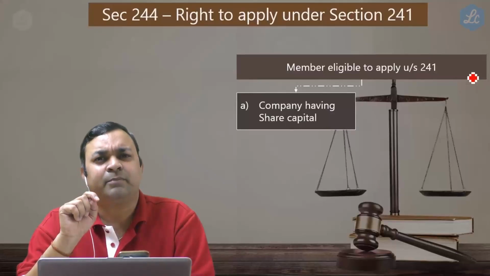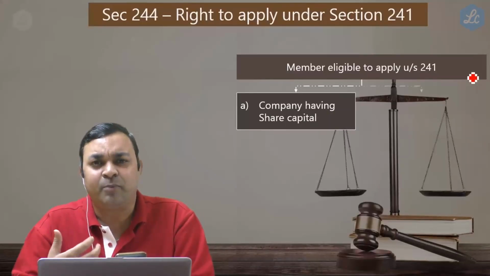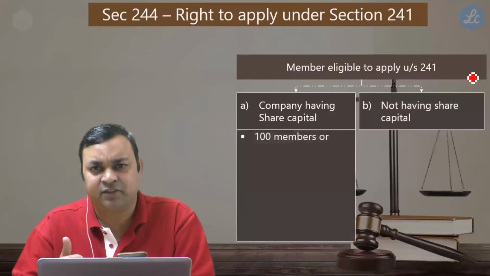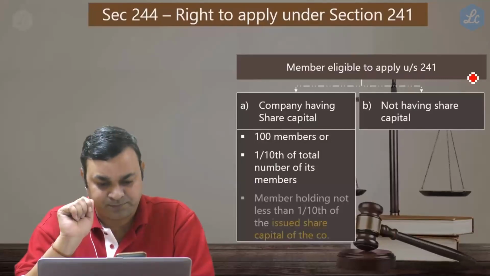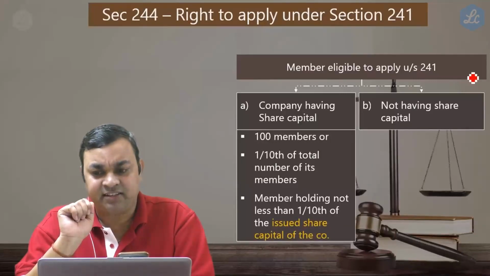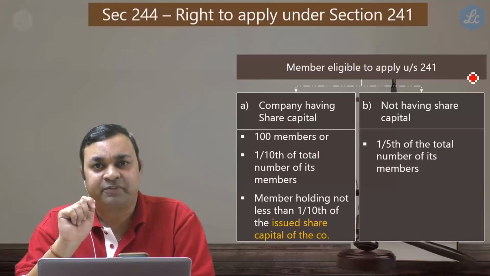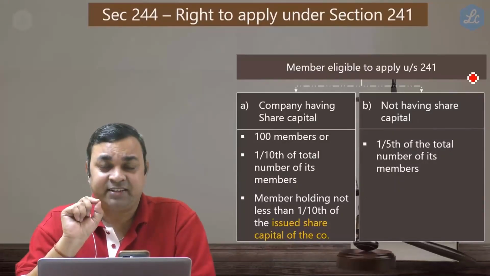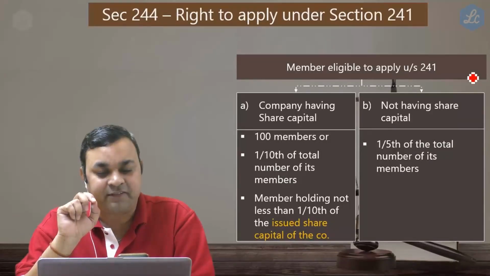A member is a person who agrees to himself be nominated as a member, meaning he bought the shares of the company and his name is mentioned in the register of members. Now, my question is, will member include only equity shares or preference shares? There is a definition prescribed under the law, Section 2, clause 55, where they have prescribed the definition of member.